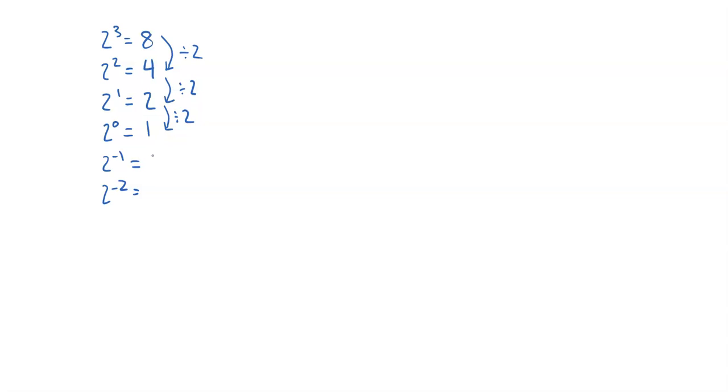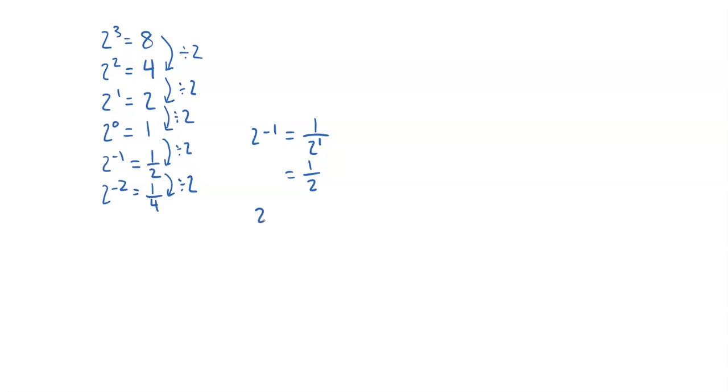And if we keep going with this, 2 to the power of negative 1, well, we would expect this, if we divide by 2 again, to be 1/2. Well, remember that rule we just looked at for law number 7, it's 1 over 2 to the power of positive 1, and 1 over 2 to the power of positive 1 is 1 over 2. If we do that again, divide by 2 again, we would get 1 over 4.